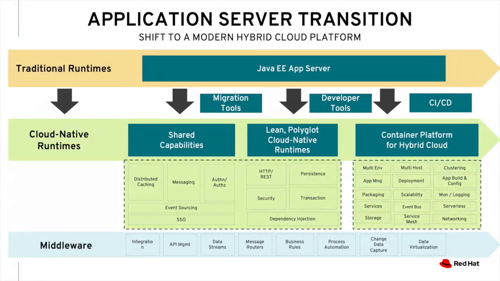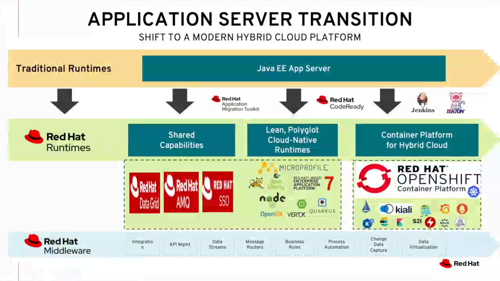Application servers also consist of some complementary capabilities such as caching, messaging, and security to form an enterprise solution. Now, decomposing your monoliths into smaller pieces, you will need these capabilities in a shared manner accessible from your services. Red Hat Runtimes consist of Red Hat Data Grid as distributed caching, event sourcing, and in-memory database solution.